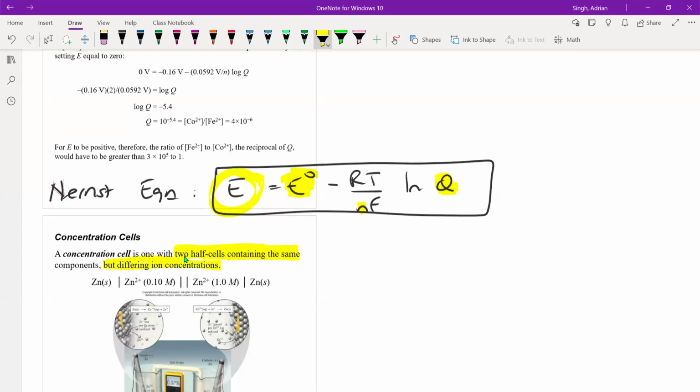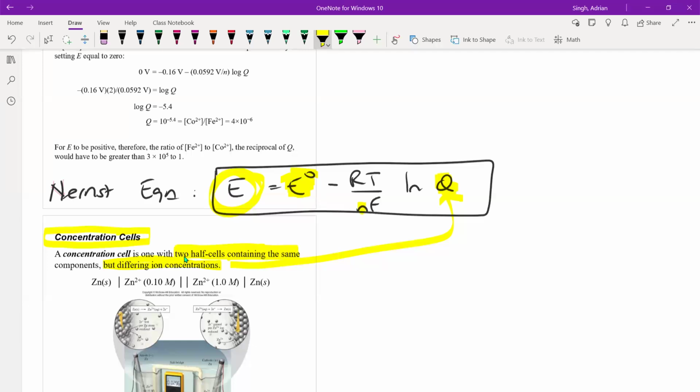And that is critical here because it's the ion concentration that is going to give us Q in that Nernst equation. So it is possible to do this, and when we construct such a cell where we have two half cells made up of the same materials but different ion concentrations, we refer to that as a concentration cell.